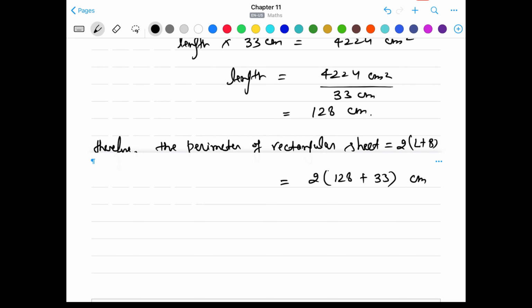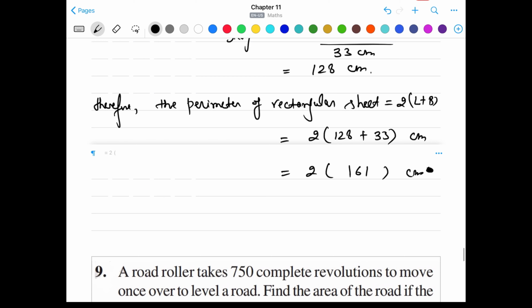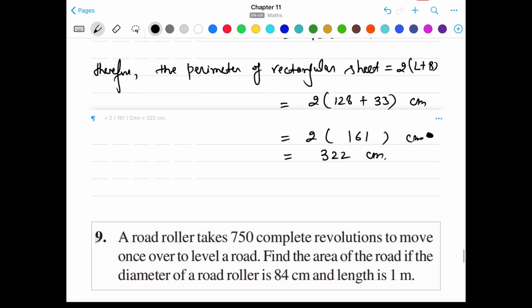The unit will be centimeter. When you add them, 8 plus 3 is 11, so we get 161 centimeter, not centimeter square. After multiplying by 2, we'll get the result as 322 centimeter. That is the perimeter of the metal sheet required.